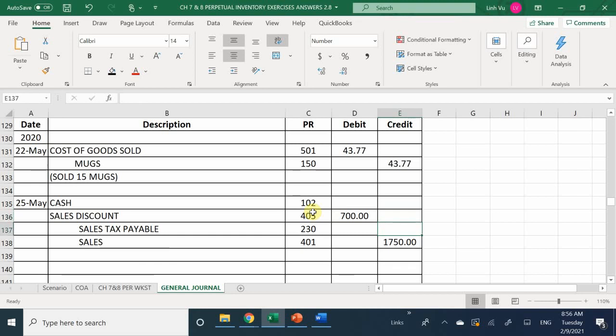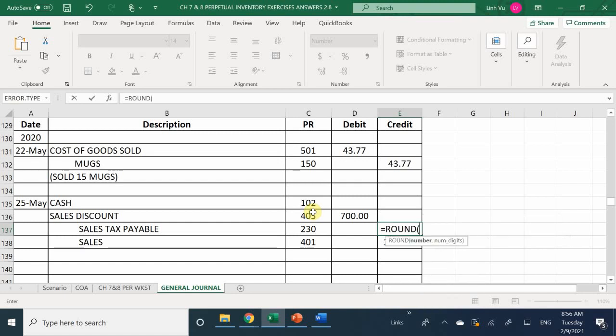So, therefore, what is going to be my sales tax? It's going to be off of 1050, right? $86.62.